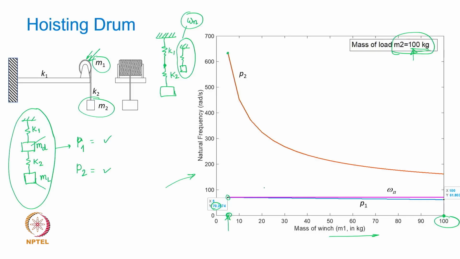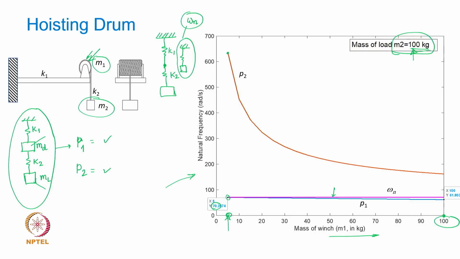in addition, I am plotting, of course, the natural frequency when it is single degree of freedom. So we neglect the mass of the winch, and obviously that line is going to be just one single value. So I am just plotting it for the sake of comparison here.